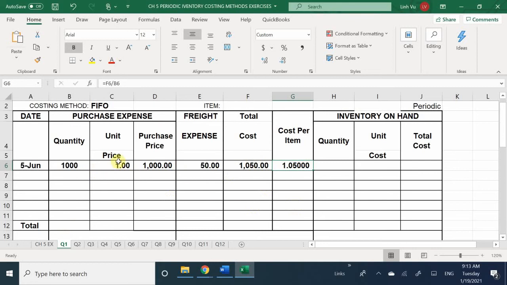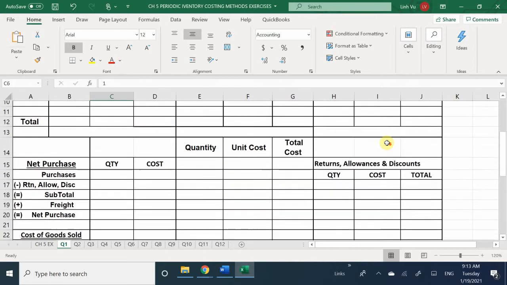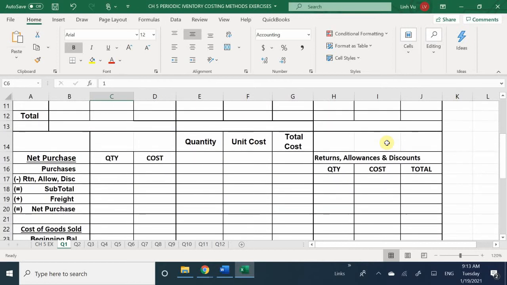So you automatically go to your original purchasing price. Now this is where we introduce the bottom right corner section, which says returns, allowances, and discounts. So this is where we record that we're returning 200 items.